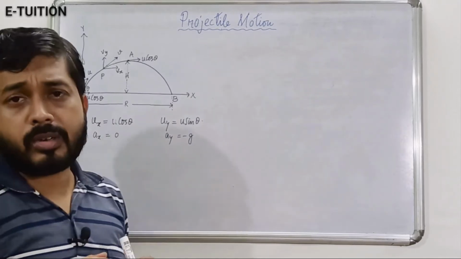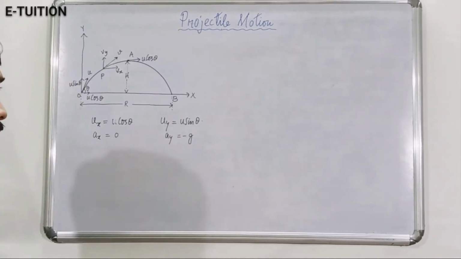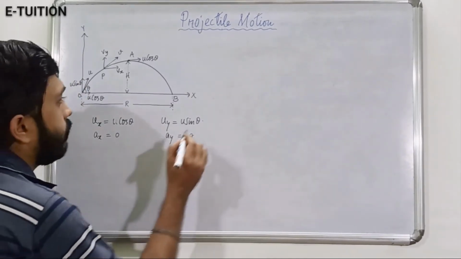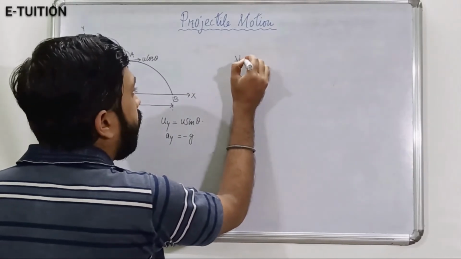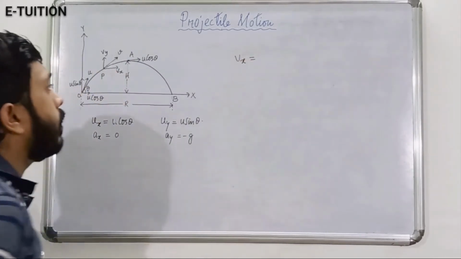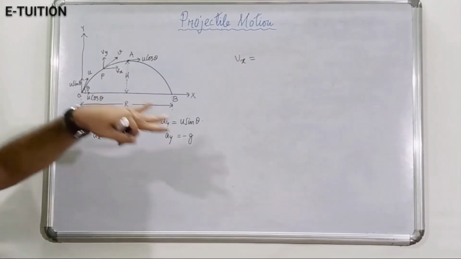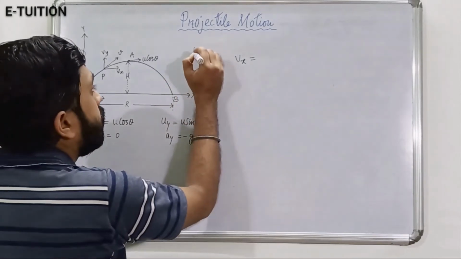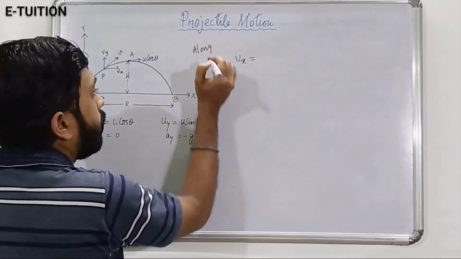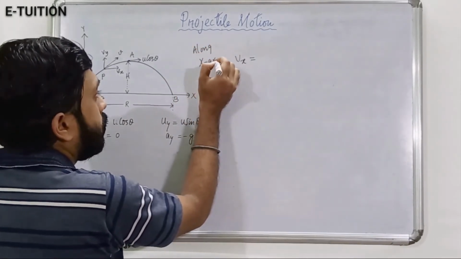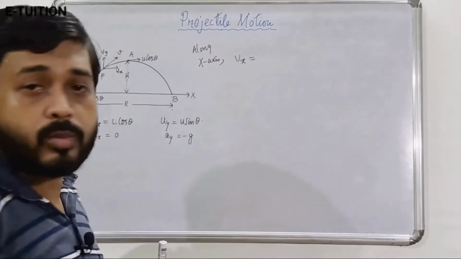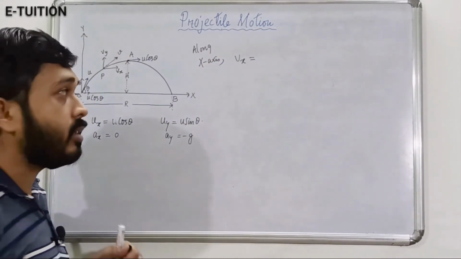Now we need to calculate the values of vx and vy. Considering the motion along the x-axis, vx is equal to u plus at, isn't it?